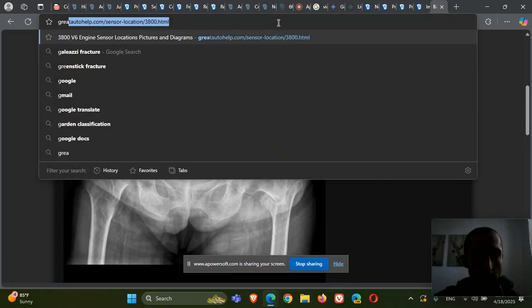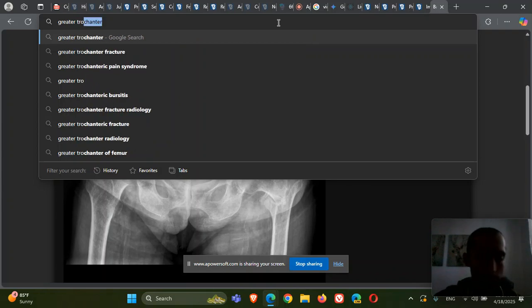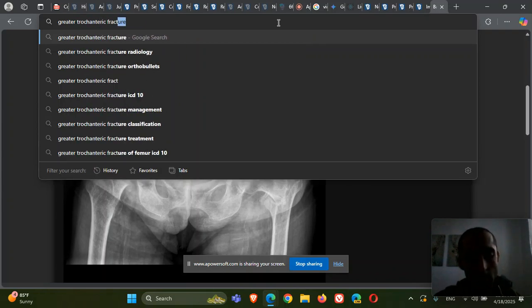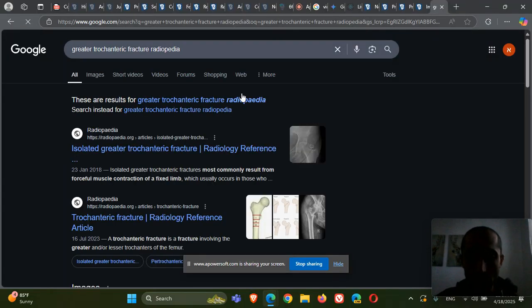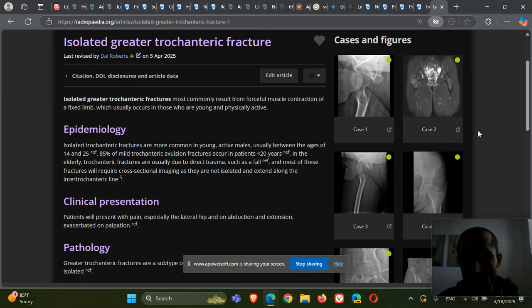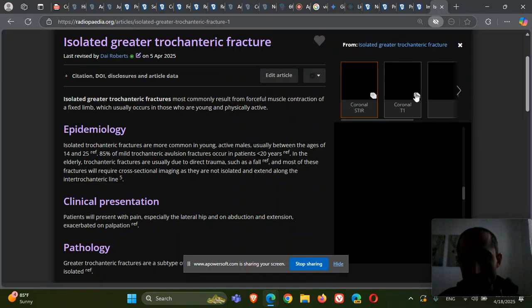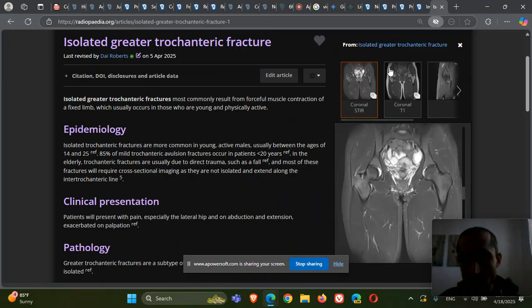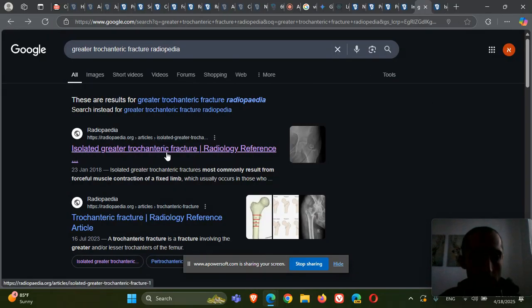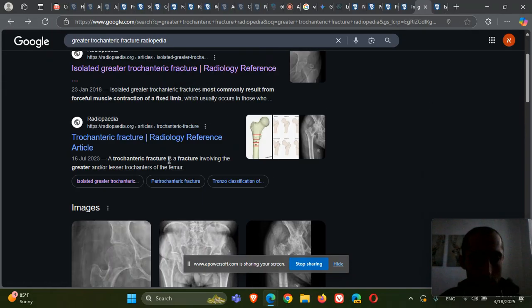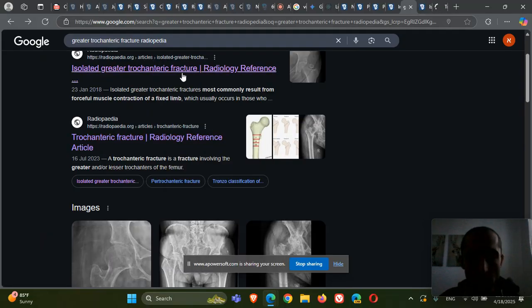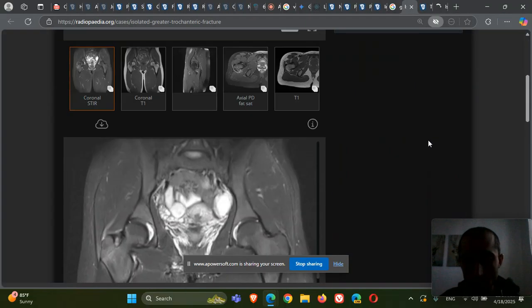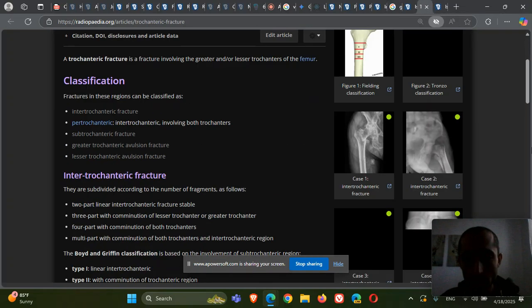Now let's look at greater trochanteric fracture. What is interesting on those, I say again, is that when you look at a greater trochanteric fracture, you need to think that it may be the tip of the iceberg.